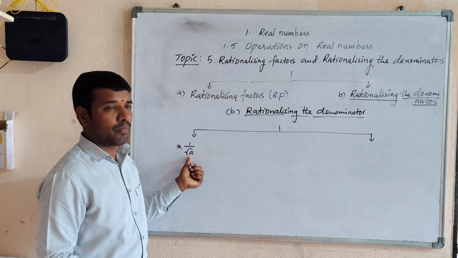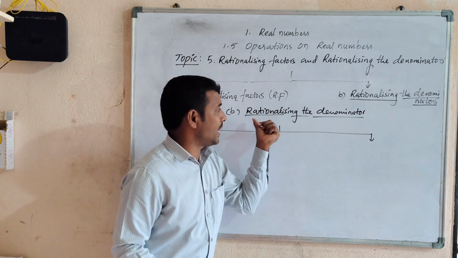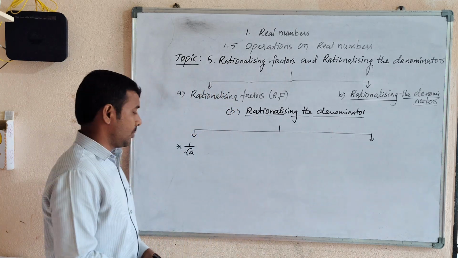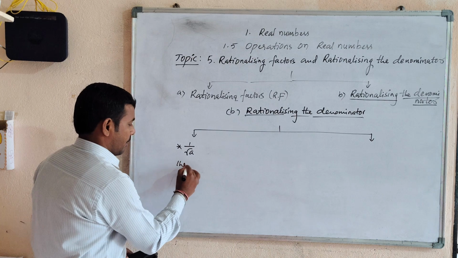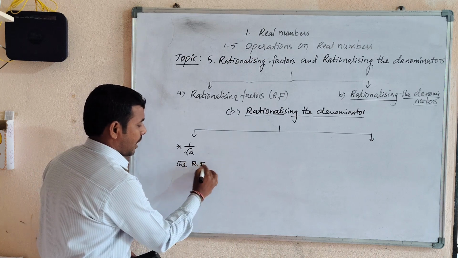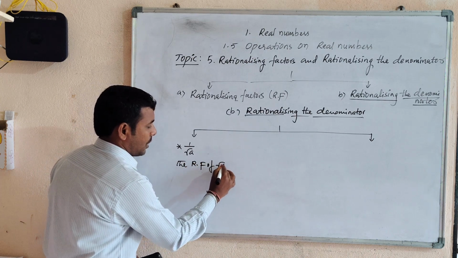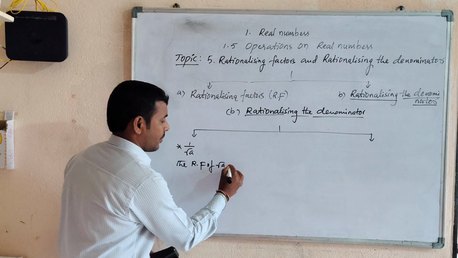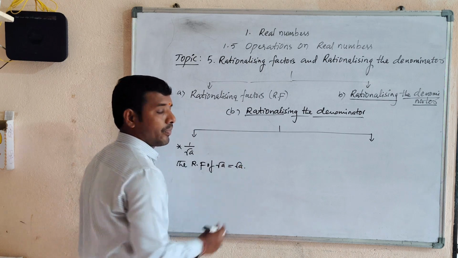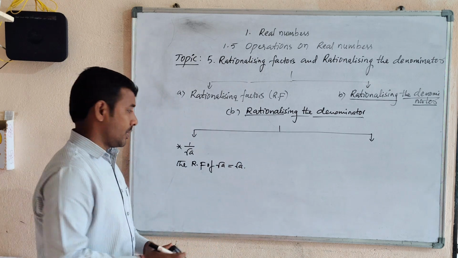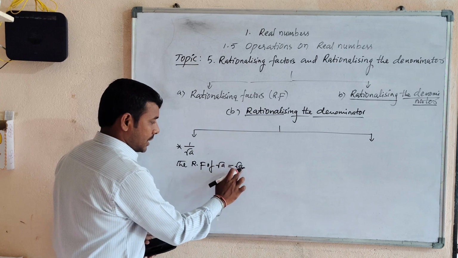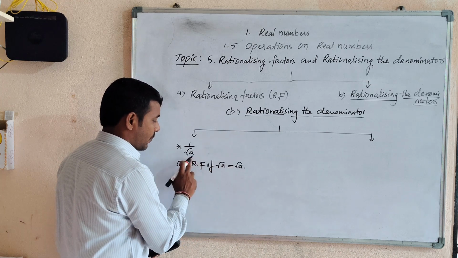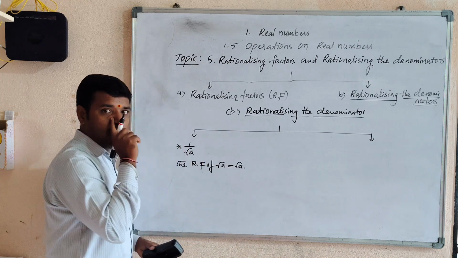Square root of a. We have to rationalize it. How? The rationalizing factor of square root of a is square root of a. This is the smallest rationalizing factor of square root of a.